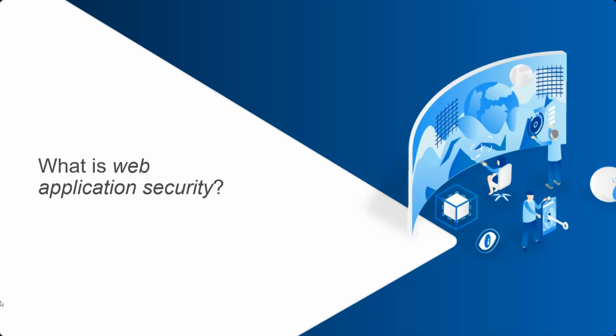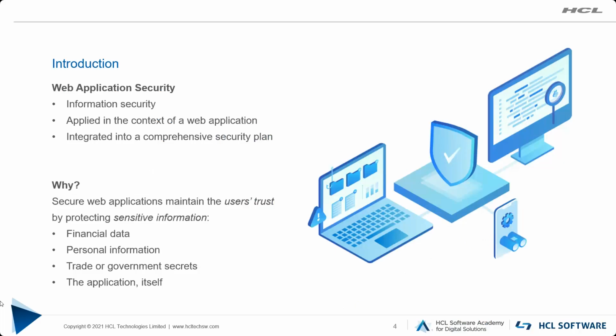So first of all, what is web application security? Simply speaking, it is information security applied in the context of a web application. And then, of course, integrated into a comprehensive security plan that you have for your organization. And that's important for maintaining users' trust in your application.